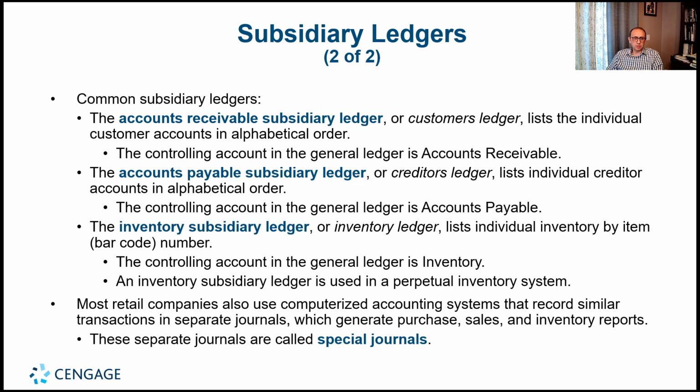The controlling account in the general ledger is accounts payable. The same thing works with the inventory subsidiary ledger. Sometimes we simply call it the inventory ledger. It lists individual inventory items using their barcode number or item number. The controlling account in the general ledger is simply inventory, and the inventory subsidiary ledger is used in a perpetual inventory system.